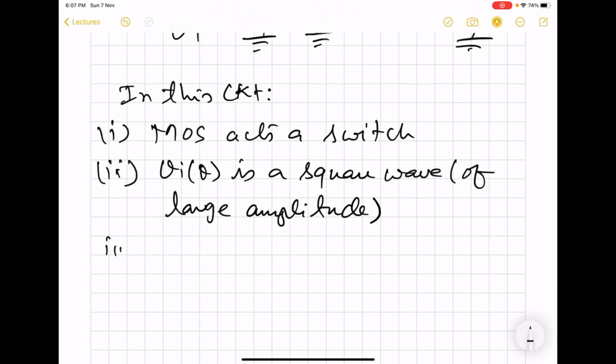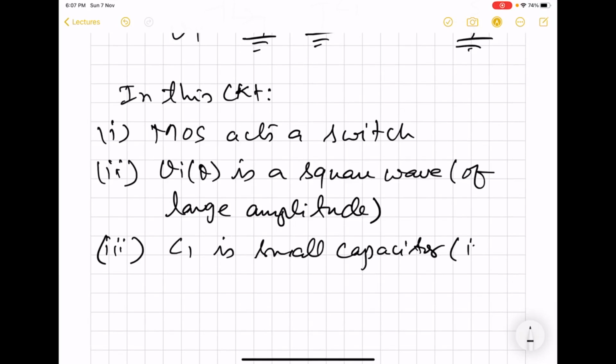Here in this circuit, we see a shunt capacitor C1. So C1 is a small capacitor which includes the parasitic capacitors of MOS and RFC.